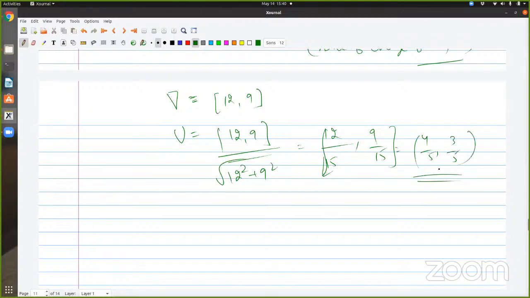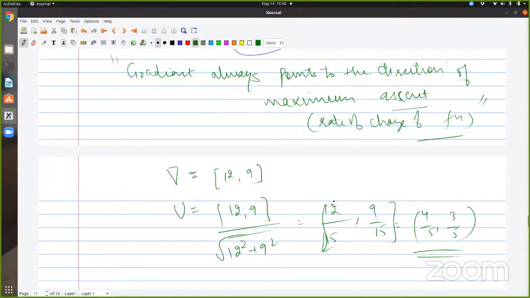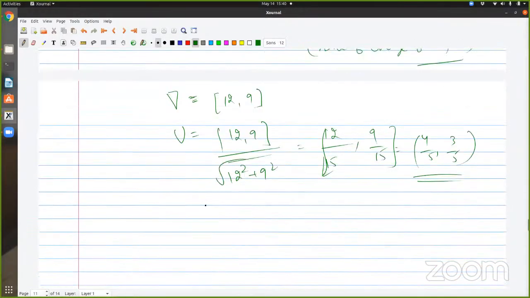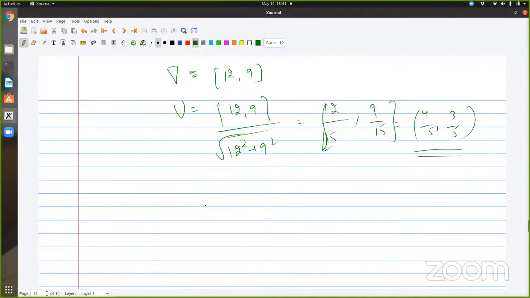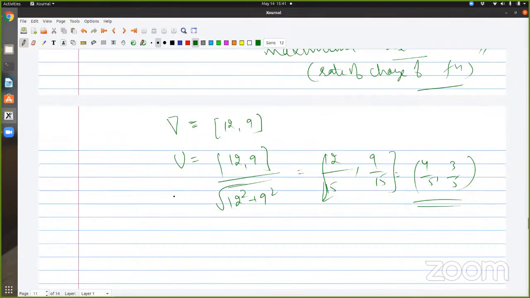Is this the same as global or local maximum? It depends on the function, whether the function has a global maximum, but here we are not concerned about that. What we are concerned about is that a point is given.